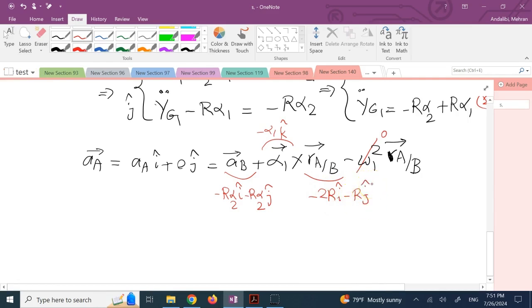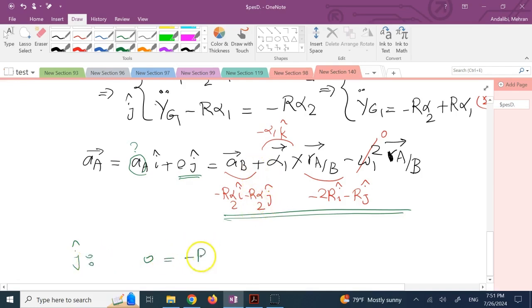Now, if you look, I have two vectors, and I don't want to introduce this extra unknown a of A into the problem. I only look at the j components of both sides. Because for j on the left side, it's simply 0. So I only look at the j's, 0 on the left, and on the right, whatever j I have, that's a negative R alpha 2.